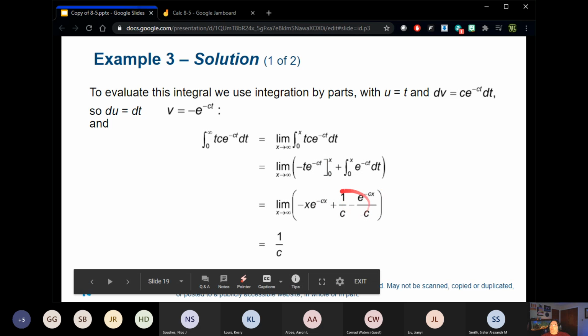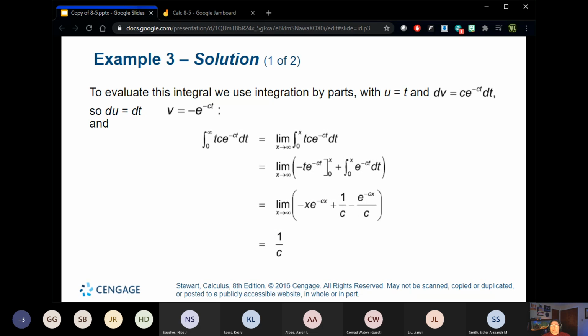So when you plug in the infinity and everything else out, we end up getting 1 over c as my answer. That makes sense? You'll see why we did it in 1 second.